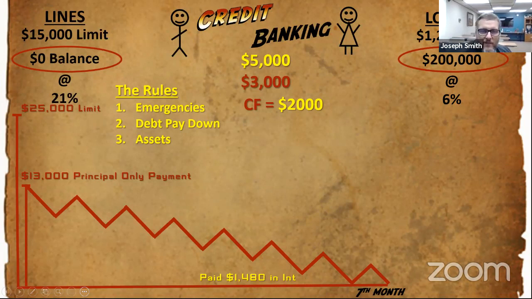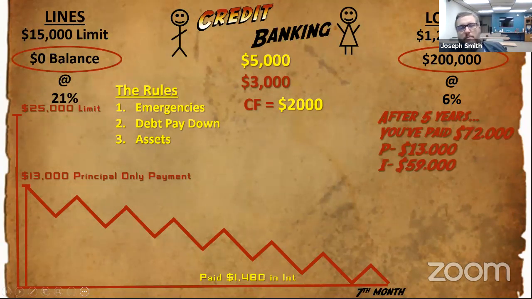Now, in this scenario, we've paid $1,480 of interest, and after 5 years, let's compare this to what if we were just making the regular loan payments. We're 5 years into this loan, right? If every month we make the $1,200 monthly loan payment, every month, $1,200, $1,200, and we do that for 5 years, that's 60 months, right?